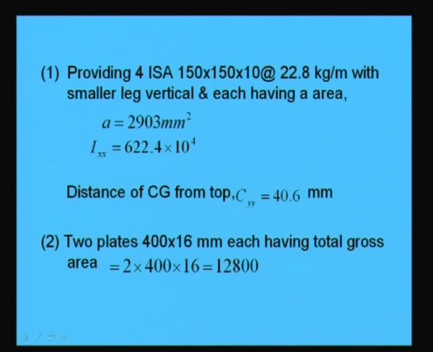So, now let us provide 4 angle sections of say 150 by 150 by 10 at 22.8 kg per meter with smaller leg vertical, each having an area of this. In fact, here the legs are the same, so there is no scope of making one smaller; generally the smaller leg we keep vertical, right.